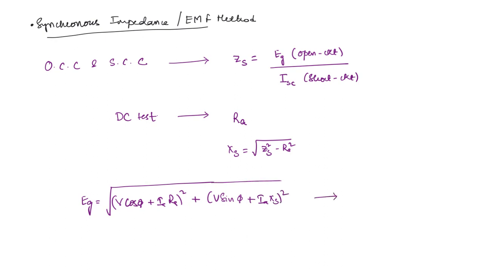This is for lagging power factor. If we want for leading, then here a negative sign will come. So this is how you will find out the generated voltage at any power factor at any load, and once you can find this, then you can get the voltage regulation as Eg minus the terminal voltage at full load divided by the full load voltage.